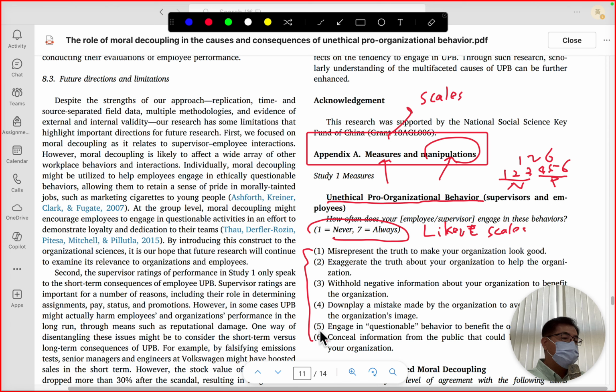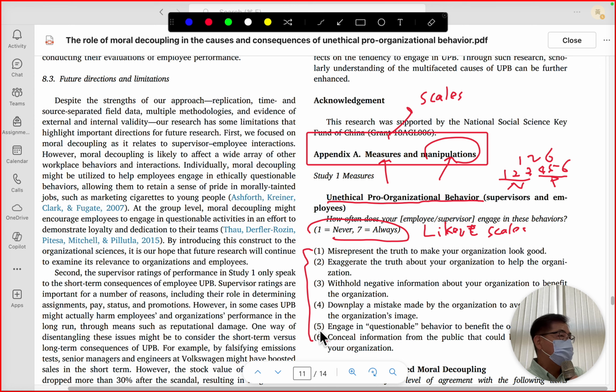So you have to try to find out whether or not your article provides the measures, at the end of the article. If you can get that, that's perfect, because we don't have to create them ourselves.